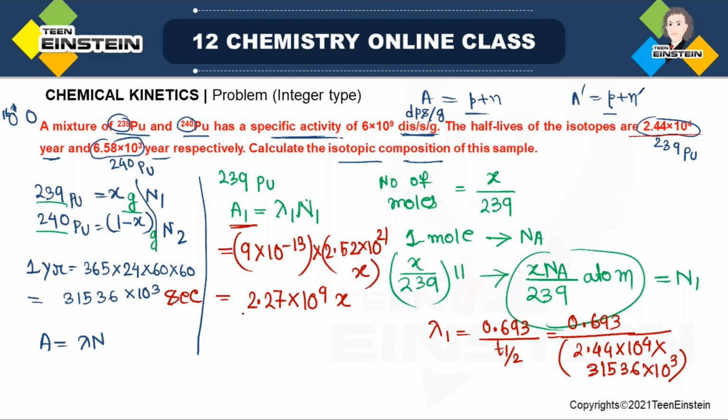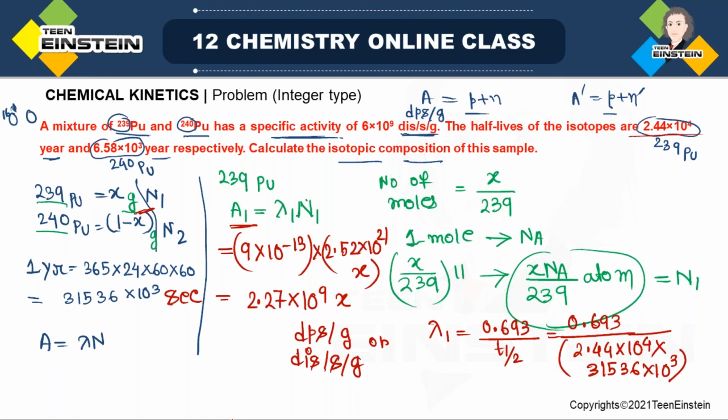A1 is specific activity, so the unit will be dps per gram, because X is in gram, or you can also write it as disintegrations per second per gram, both are the same. Up to this point, is there any doubt?